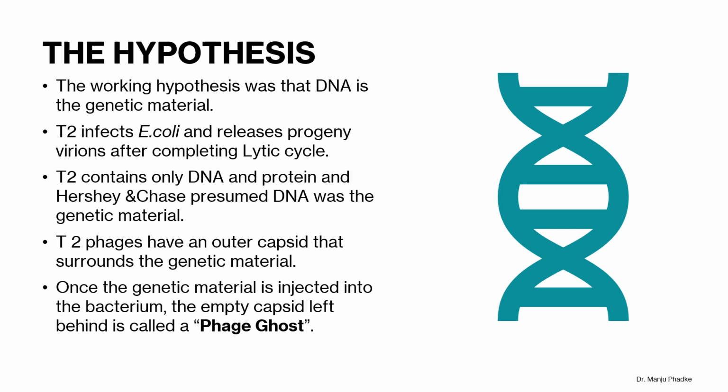There is an icosahedral capsid that contains the genetic material, and upon adsorption onto the cell surface of E. coli, the phage injects the genetic material inside the bacterium and it leaves behind the empty capsid, or the empty shell, on the cell surface, which is known as the phage ghost.